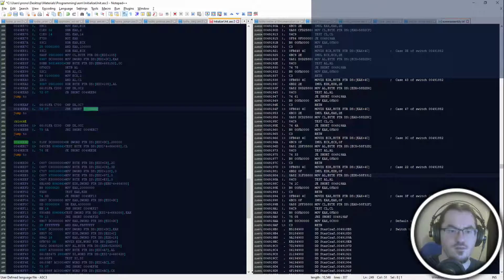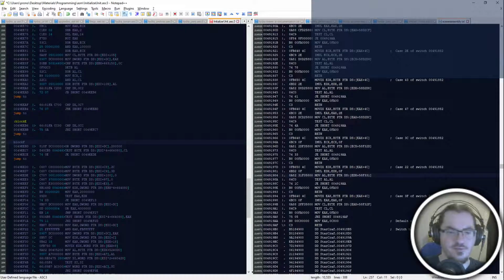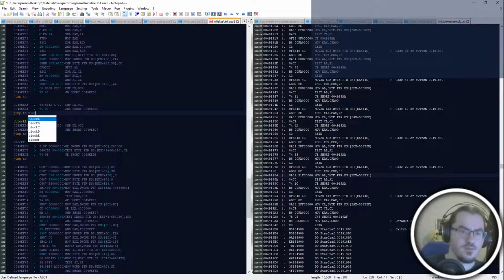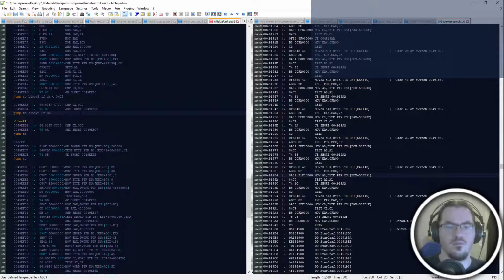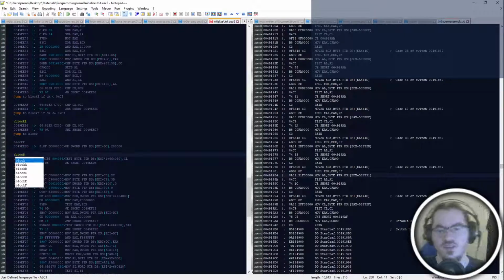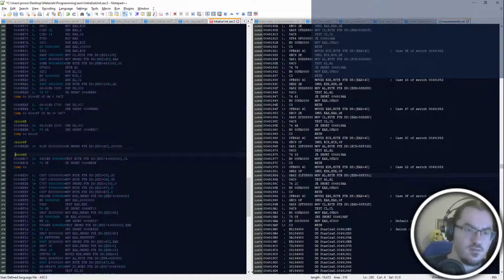Block E. Block F. Yeah. This is, instead of jumping, it's just going to be a couple of if statements, but it is still kind of annoying to have to plug them all in this way.